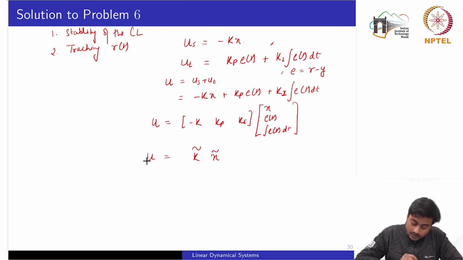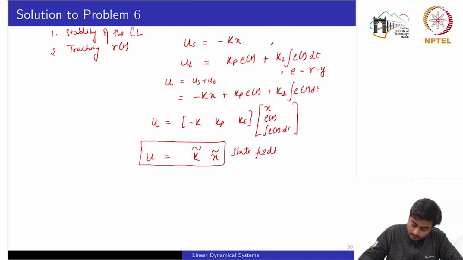Okay, so my overall controller is now given as, where my output of the controller remains the same as u, which is equivalent to k tilde and x tilde, and it is nothing but the state feedback. So here we would see that by using the principle of designing a controller using state feedback, I can in fact design a PI controller which is multivariable in nature.